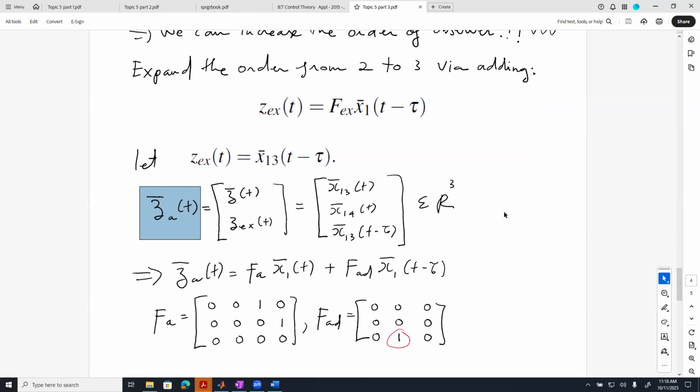And here, that extra functional is the one we call it here. It happened to be that variable, the delay of x3. So that's where it came in. And this is the original functional, which is basically the first two variables that we wanted to estimate.